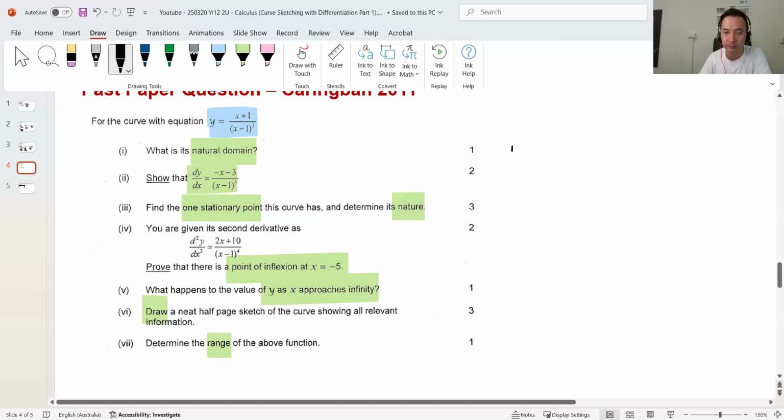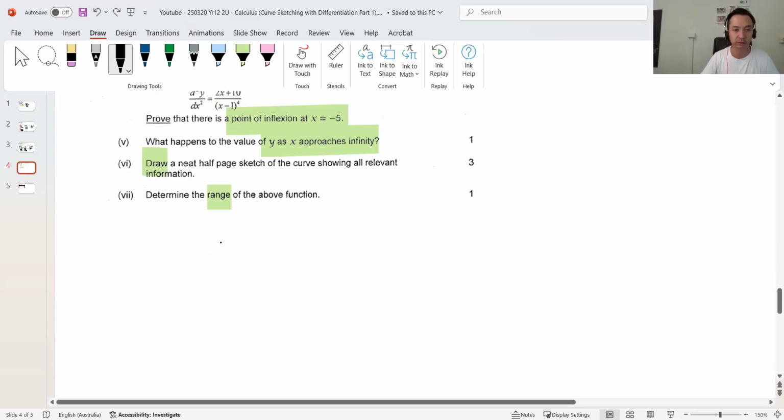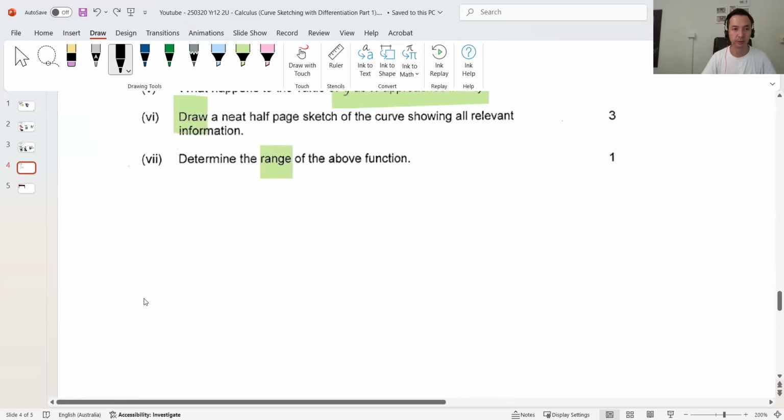Lots of marks, but nothing too hard about that. All right, let's go part 1. Actually, let's come down here. Okay, part 1. Now, let me write the graph out again. So y equals x plus 1 over x minus 1 squared.